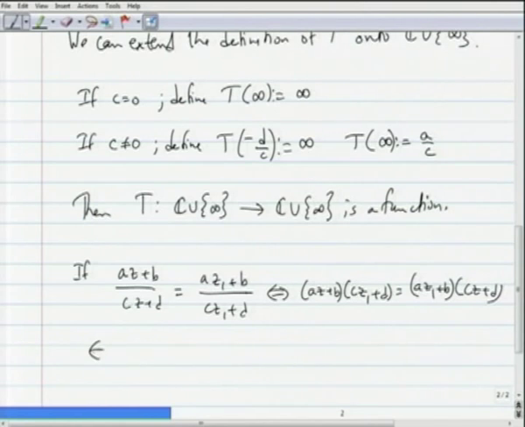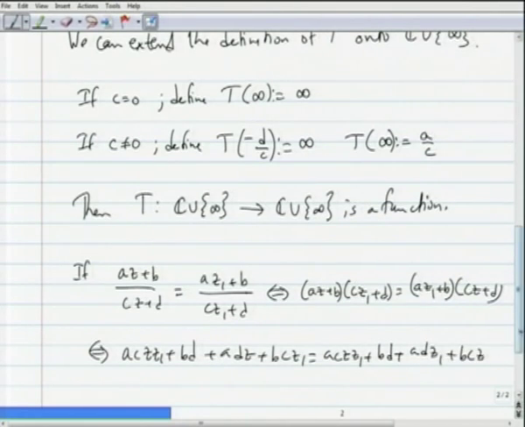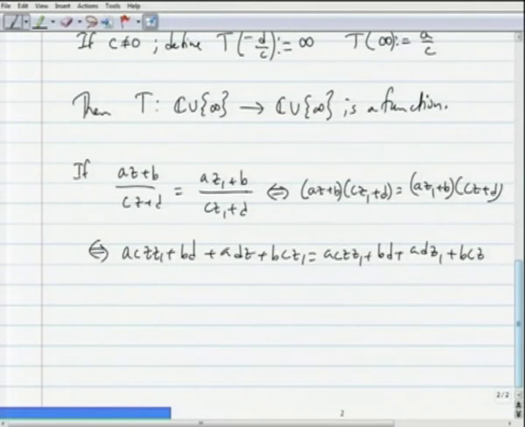That happens if and only if, let us multiply it out and there will be cancellations: acz z1 + bd + adz + bcz1 is equal to acz z1 + bd + adz1 + bcz. After cancellation, we are left with (ad minus bc) z is equal to (ad minus bc) z1.